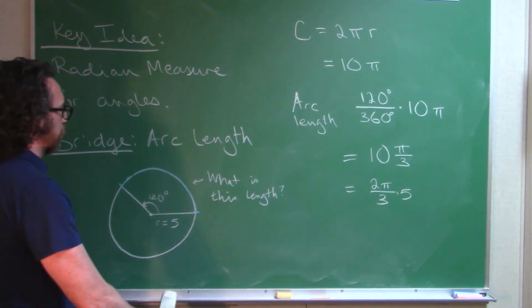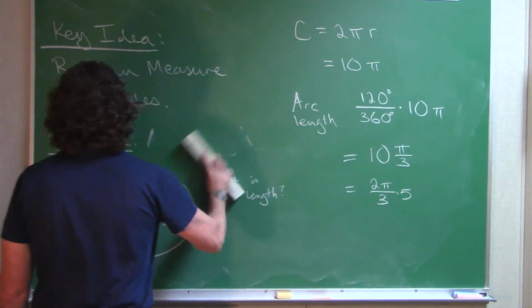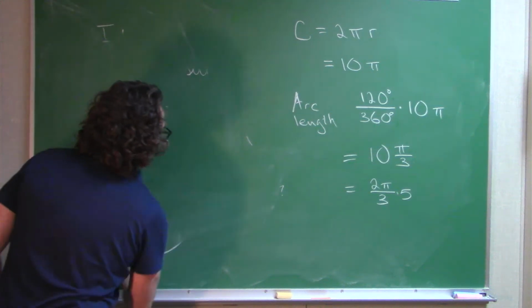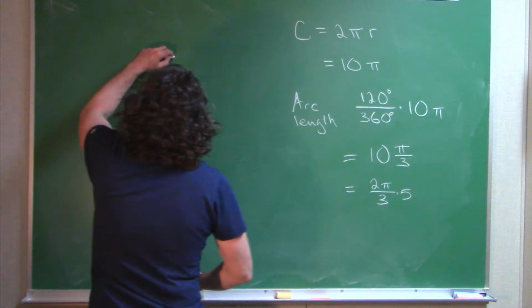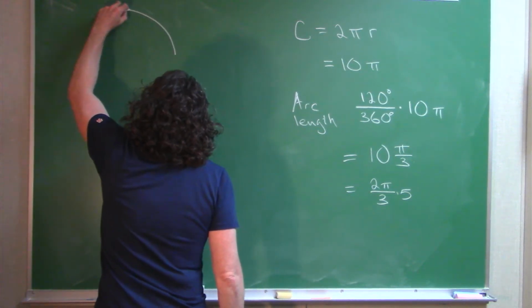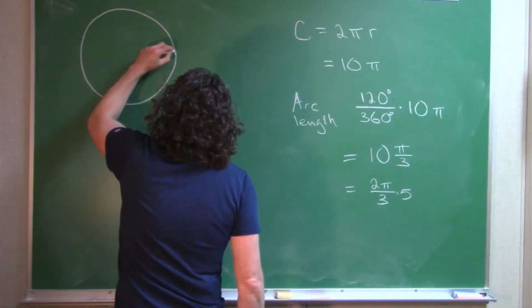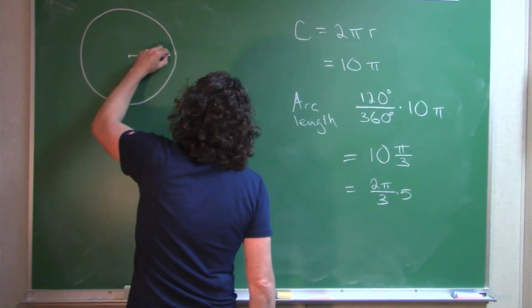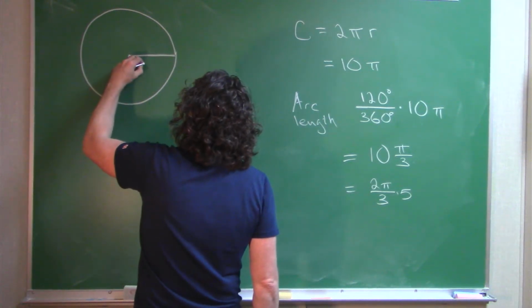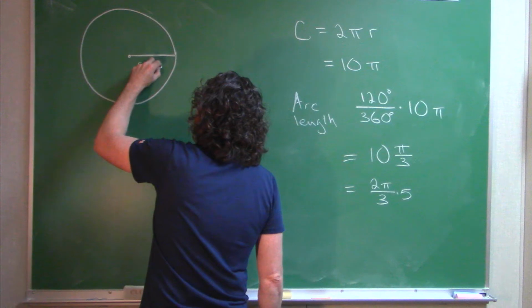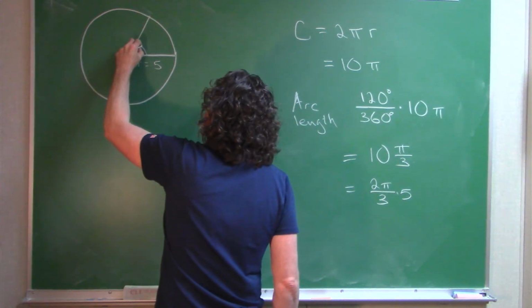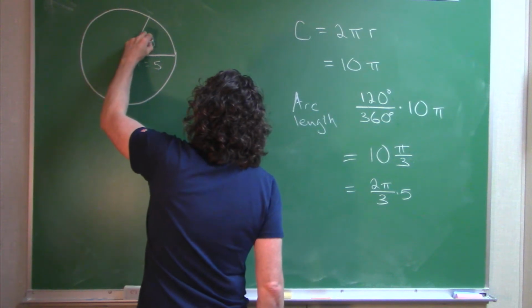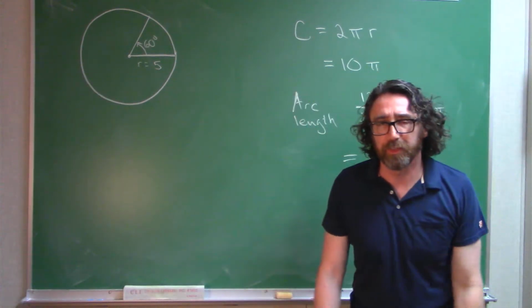Let me keep that there. I'll imagine the same circle, still radius 5. Let's tackle maybe a 60-degree angle.